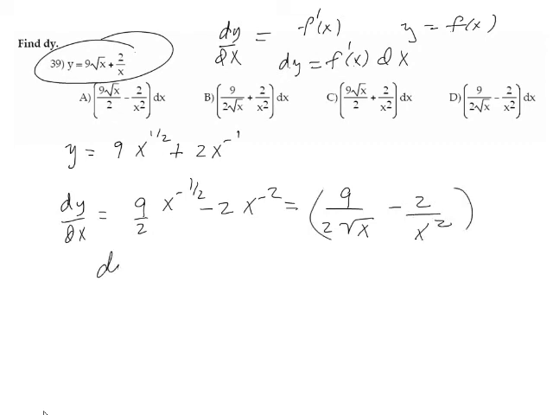So dy is equal to 9 over 2 square root of x minus 2 over x squared dx. And that is answer D.